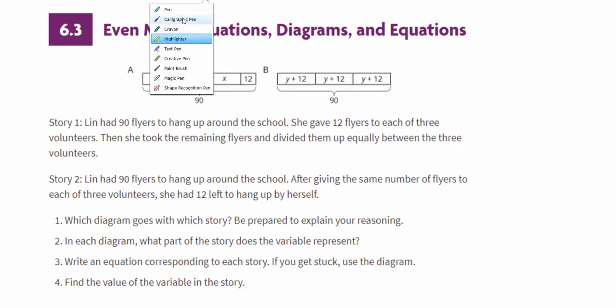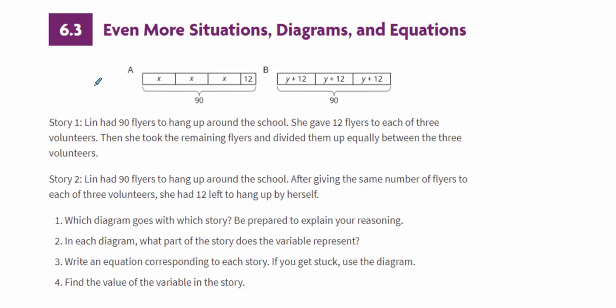So that must mean that story 1 is B. Story 2 must be A. So let's see how that looks. Lynn had 90 flyers to hang up around the school. After giving the same number of flyers to each of 3 volunteers, so if she gave the same number to each volunteer, this X here would be that.